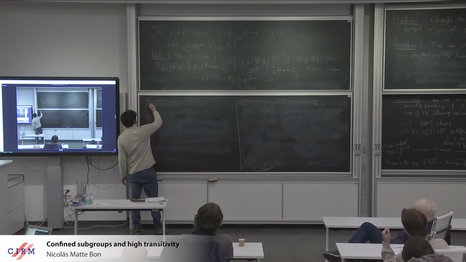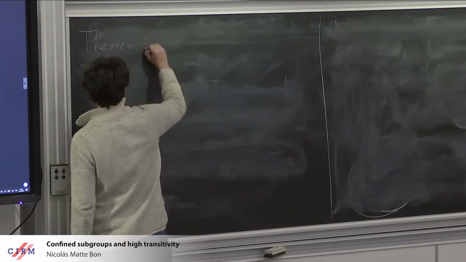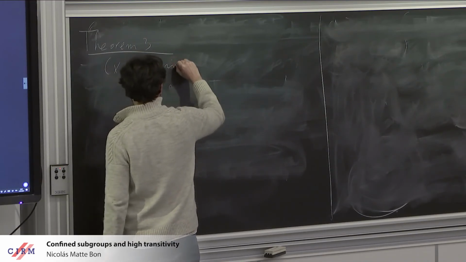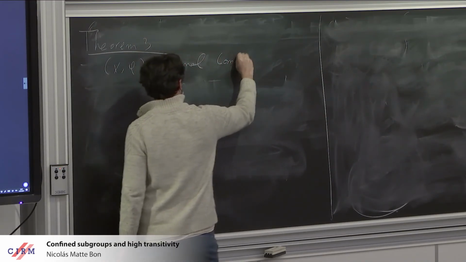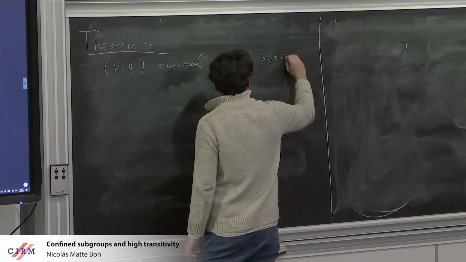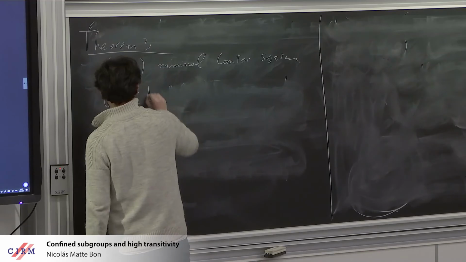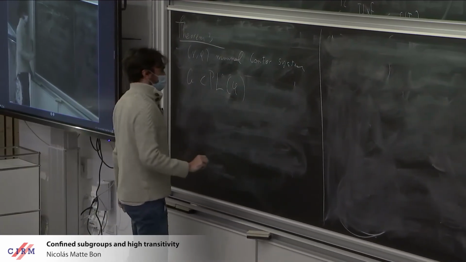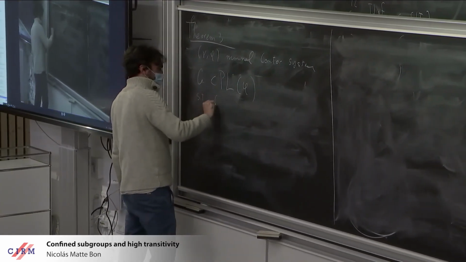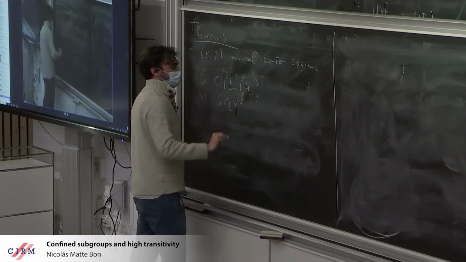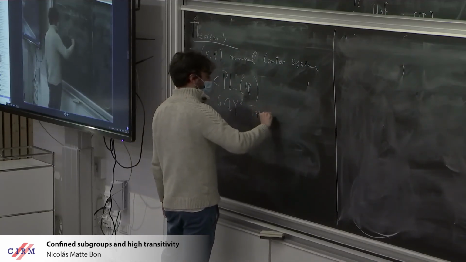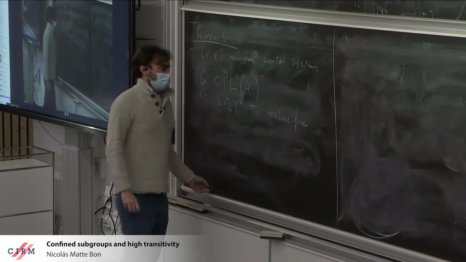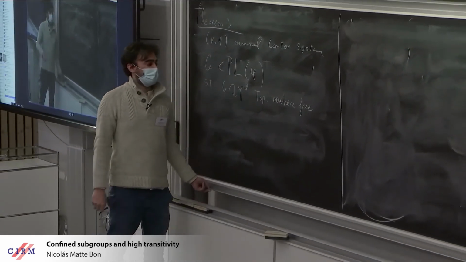Theorem 3, that we proved with Adrien, is that if you take X, phi any minimal Cantor system, and you take G, a subgroup of this group of piecewise linear homeomorphisms of the suspension flow just defined, such that the action of G on the suspension space is what I defined at the beginning, topologically nowhere free, far from being free, so each point has a neighborhood that is fixed by some element.